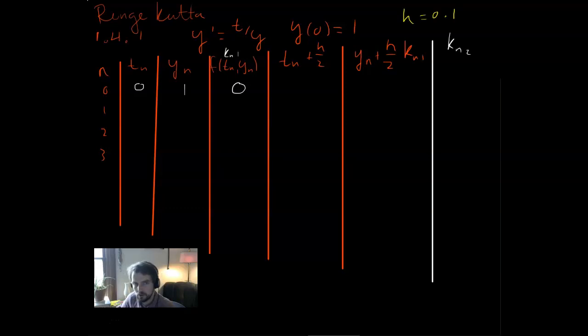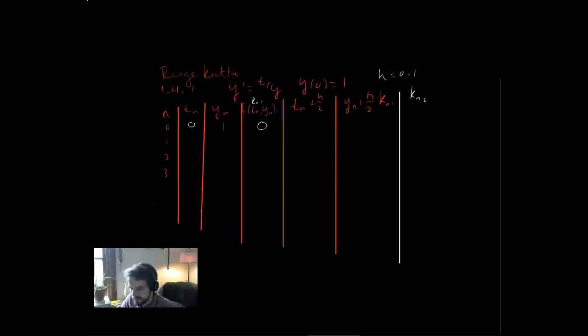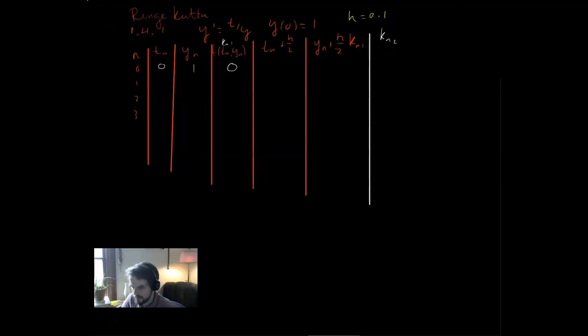Now for my t of n plus h over 2, this is my scouting mission. If you recall, the idea behind this method is that instead of acting like we would in the Euler method, where, if we had a graph here, we'd start at the first point, go all the way out to the next point, and see what the slope is over there, we're going to go out halfway and reassess what slope we should have been traveling at this whole time.